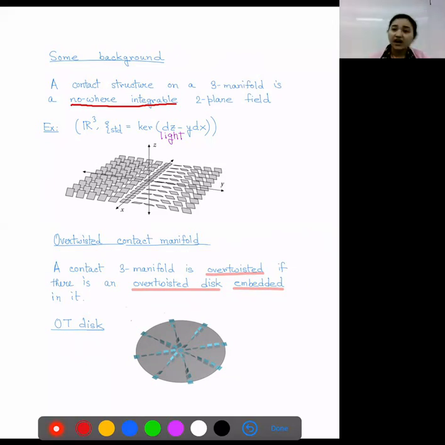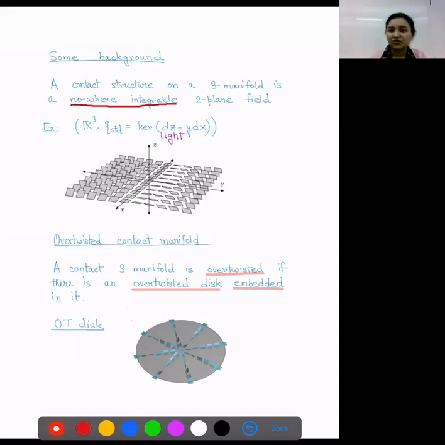This is the standard R3, so R3 with the standard contact structure, which is defined as the kernel of a one-form. I did not mention it before, but a contact structure can be defined as the kernel of a one-form. And here the one-form is dz minus y dx. And here is this picture, which, as you can see, shows that the contact planes twist and take a left-handed twist. And this is actually a tight contact structure, like I mentioned before.